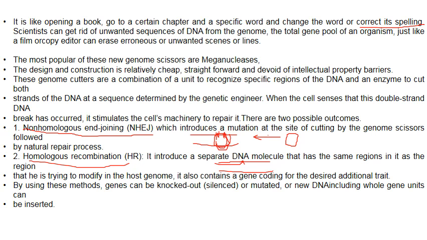But in case of homologous recombination, the portion which is not required is cut out and a separate DNA sequence is introduced. By complementation the new sequence will be recovered, and that will recover the double strand, and the particular defect is overcome in this way.